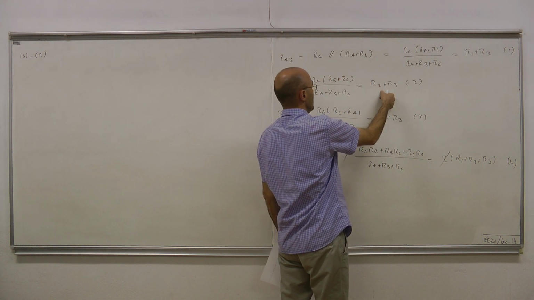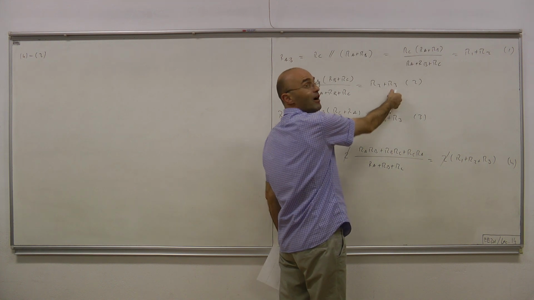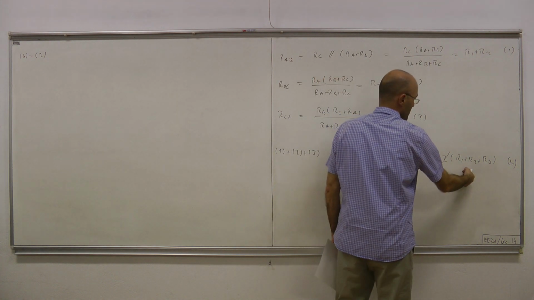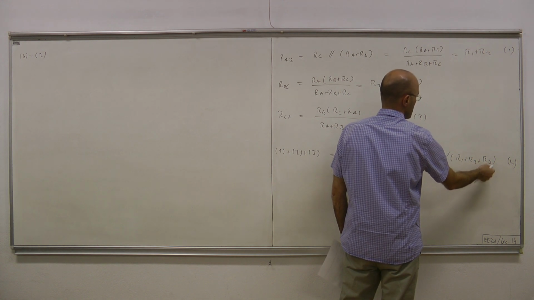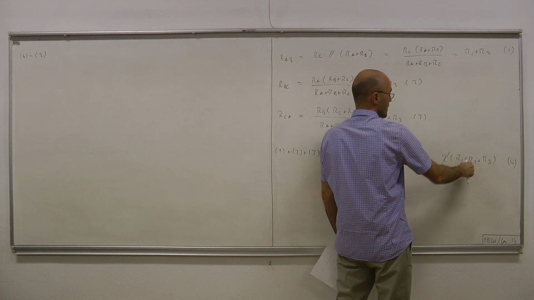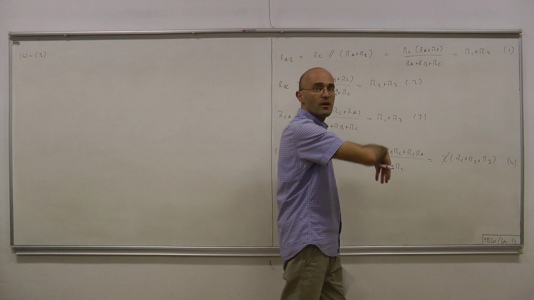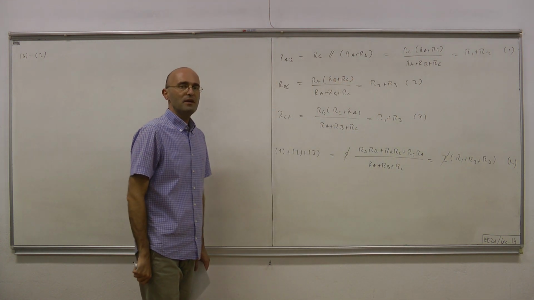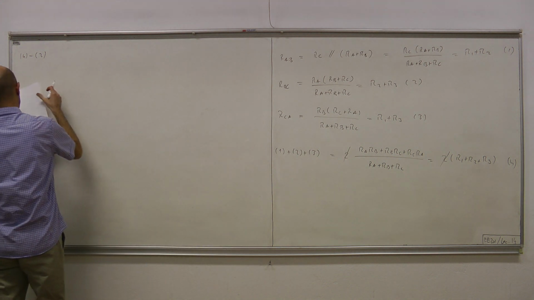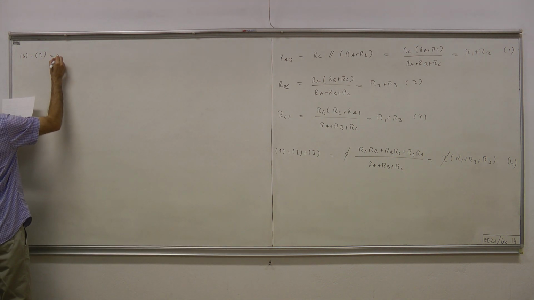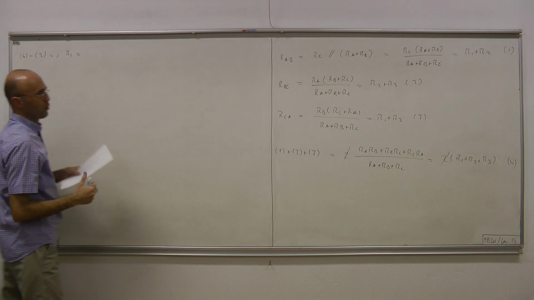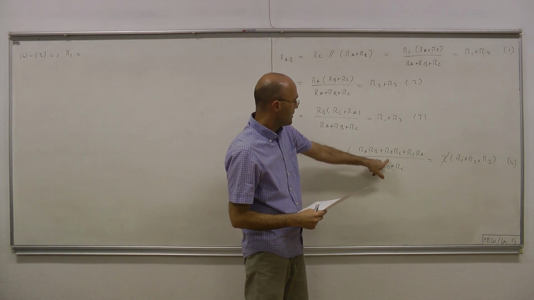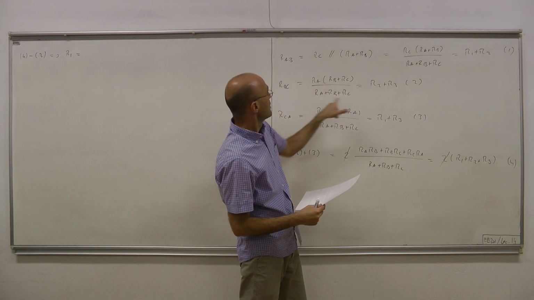The right-hand side here we have R2 plus R3, and here we have R1 plus R2 plus R3. So if you subtract 2 from 4, R2 plus R3 will just disappear, and what you're left with will be R1. So R1 equals this minus this thing.